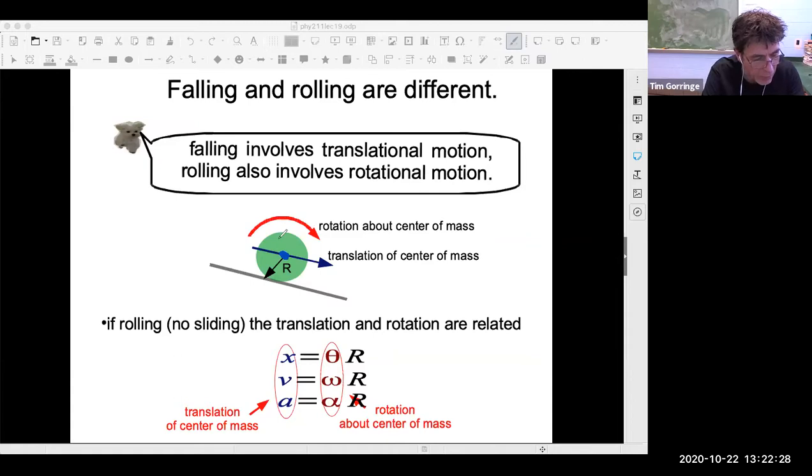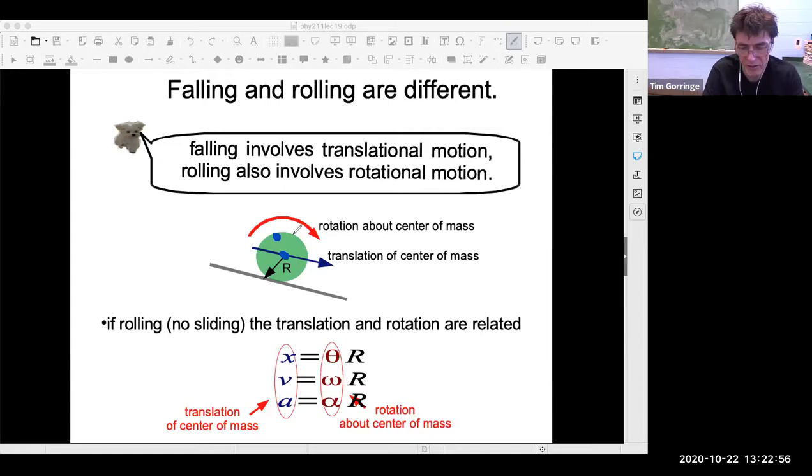And then any other point, there may be a point on the surface here. If you think about its motion with respect to the center of mass, it's just undergoing rotational motion around the center of mass. And so that's how we break out the translational motion and the rotational motion. We break it out by using this concept, idea of the center of mass.